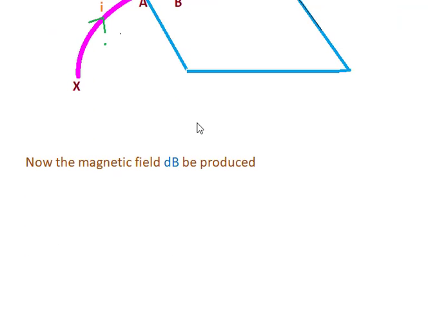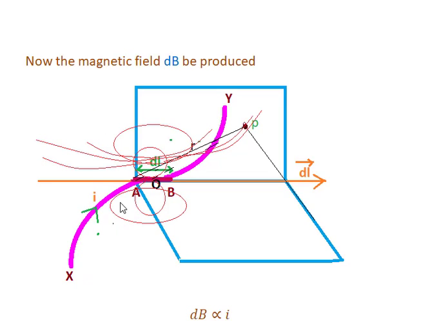When current passes through this conductor, it produces a magnetic field. The magnetic field due to this element AB will be like this.